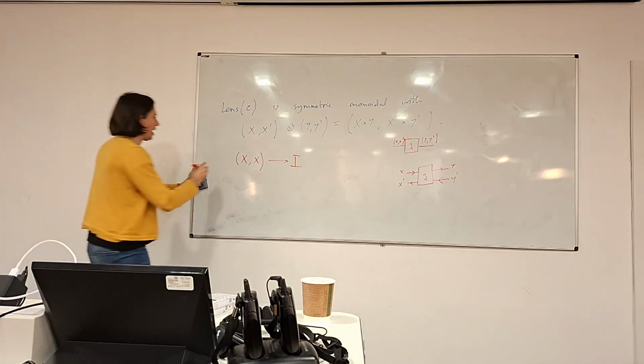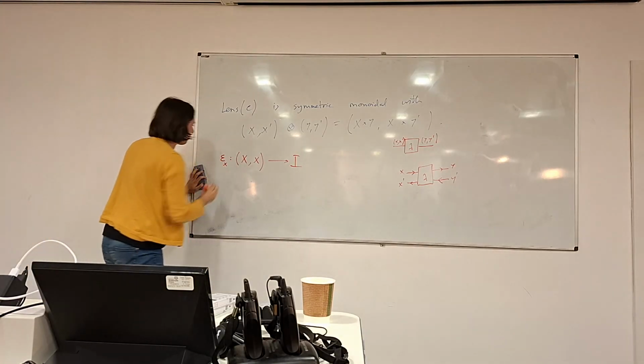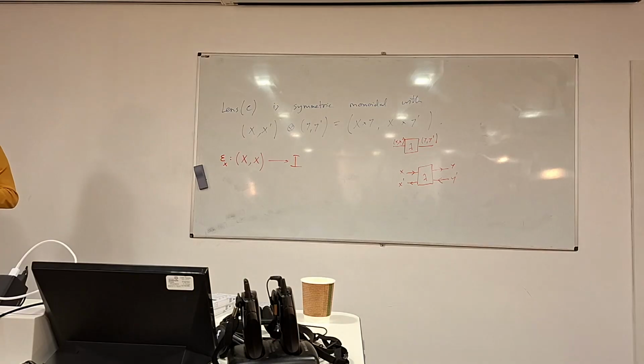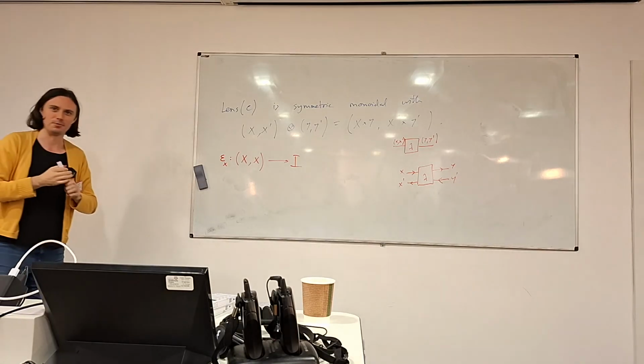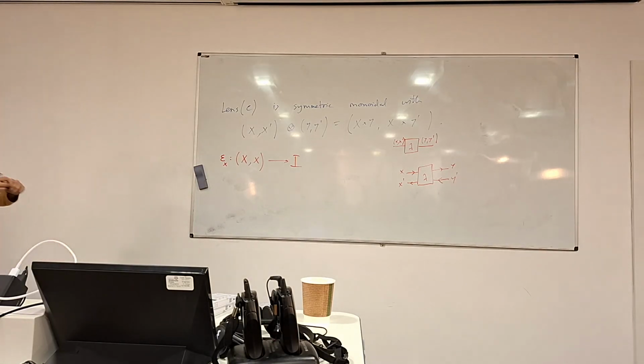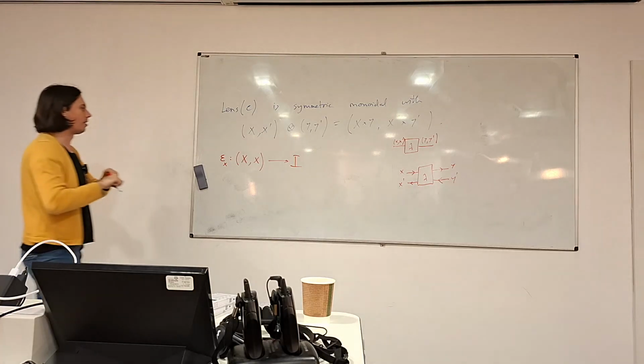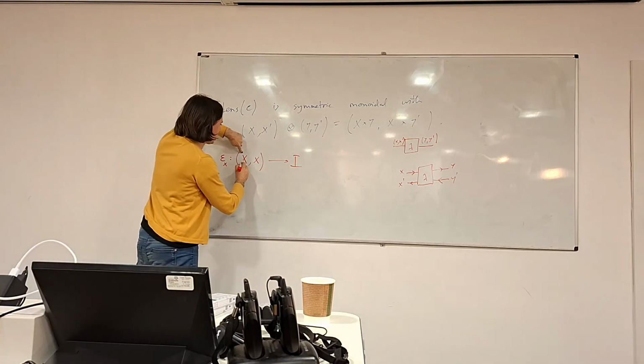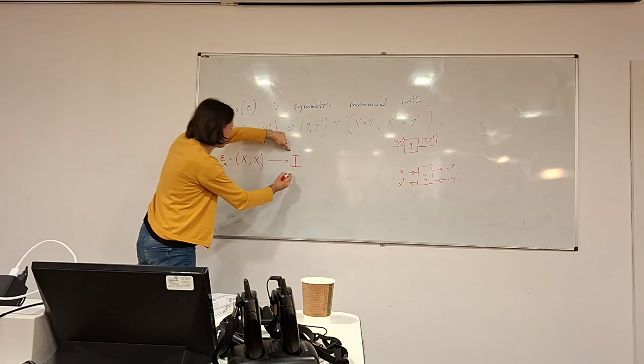I claim that we have a canonical one of these, which I'll call epsilon, for reasons that will become clear in a minute. This would have to be made of a forwards pass, which goes from x to the forwards object of this, which is 1.